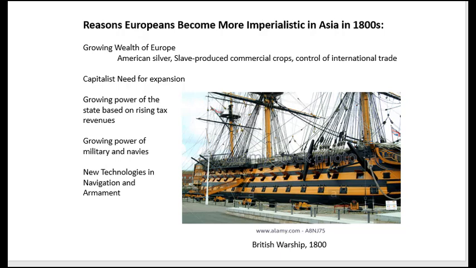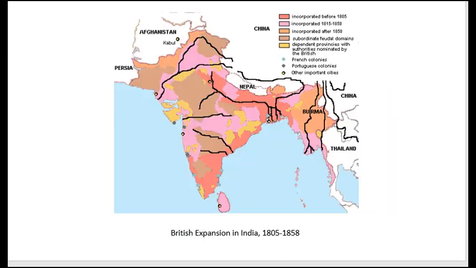The third is the growing power of the state, partly from increased taxes and revenues produced by growing economies, which allows for expanding navies. And finally, there's the technology based on scientific advances, and we talked about the scientific revolution before, which allows for increased productivity and wealth. It also allows for new navigational capabilities, and of course allows for the development of new and effective weaponry.